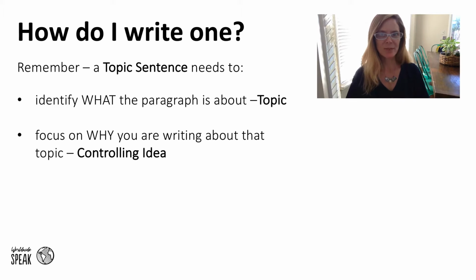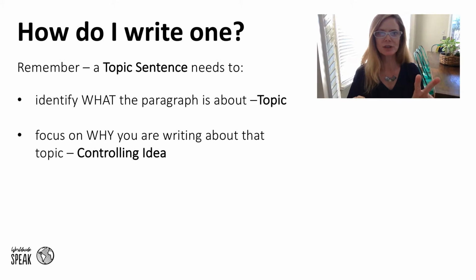Well, the next thing you're probably going to ask me is, Wendy, how do I write a topic sentence? Let me show you how this is done. Remember, our topic sentence has two parts. One, we need to identify or show what the paragraph is about, and that's the topic. It's the subject of the paragraph. And then the second part is that we need to focus on why we're writing about that topic. It narrows the topic down, and we call this the controlling idea.